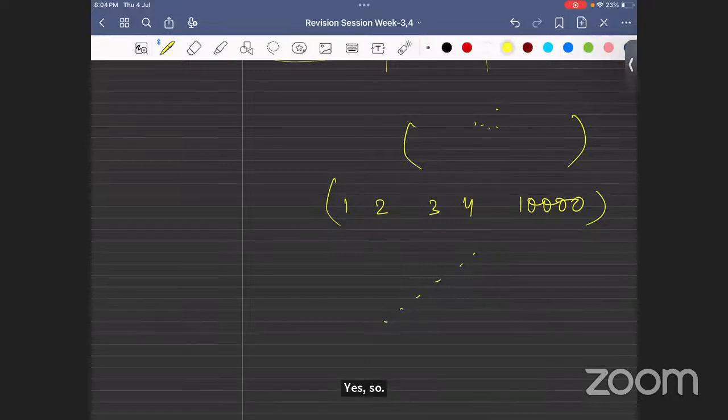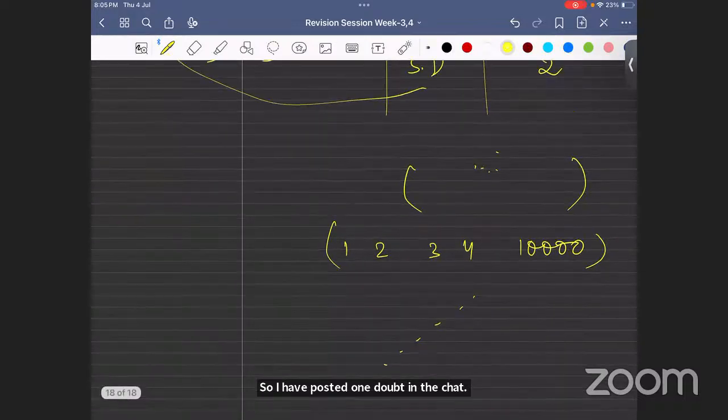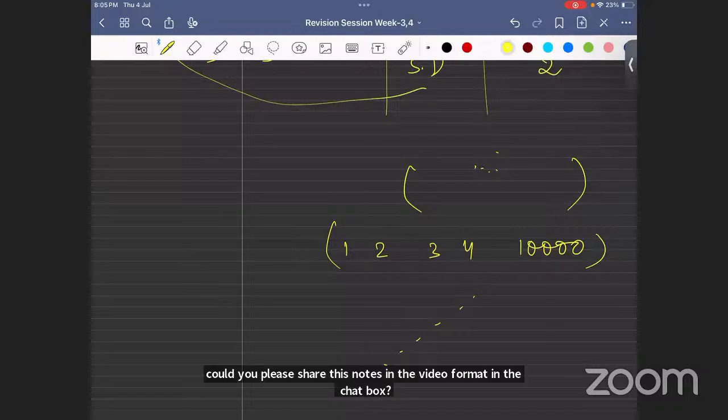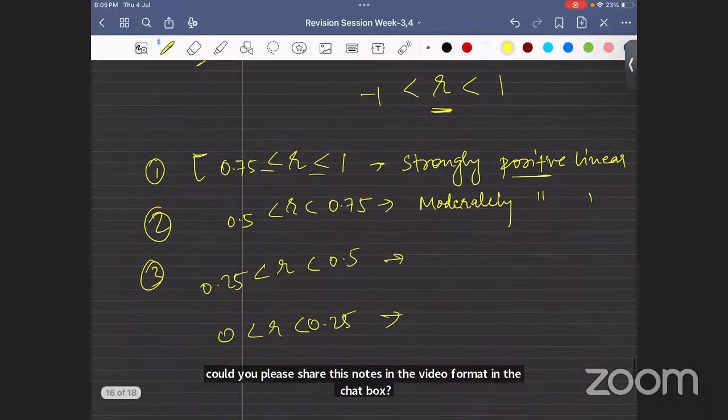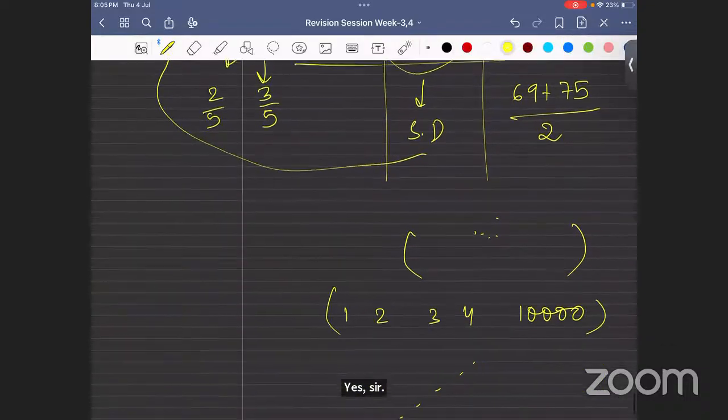Any other question that you have? Sir, I have posted one doubt in the chat. So week 3 or 4, any conceptual doubt that you have? If you have to discuss anything? Sir, could you please share these notes in PDF format in the chat box? This PDF you want? Yes, sir. Maybe after the class ends, we'll share it.